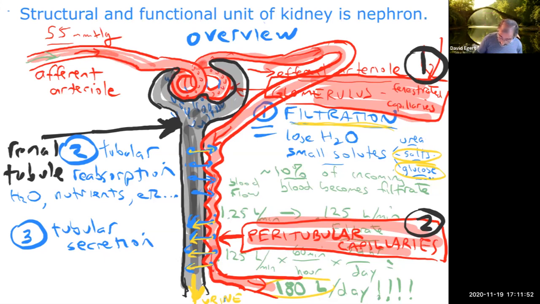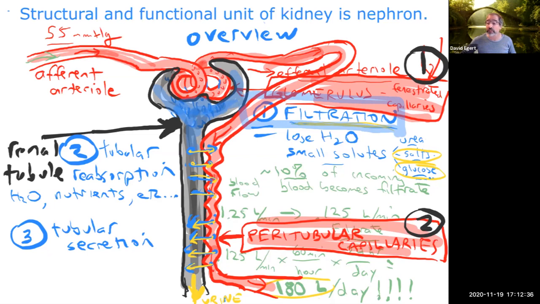So here are the 3 main processes that are going on that we're going to look at in more detail. Again, filtration: you've got the glomerulus, super leaky capillaries, creating this filtrate, 180 liters per day. It includes way more stuff than you want to get rid of because it's pretty indiscriminate.